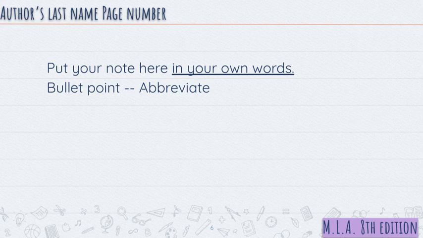And then you've committed a violation of academic integrity because you have taken someone else's words and put them into a work that you have put your name on. So be really careful about this as part of your research. When you're writing a note on a note card, put it in your own words. And it's okay to bullet point and abbreviate. In fact, that is the way to go.